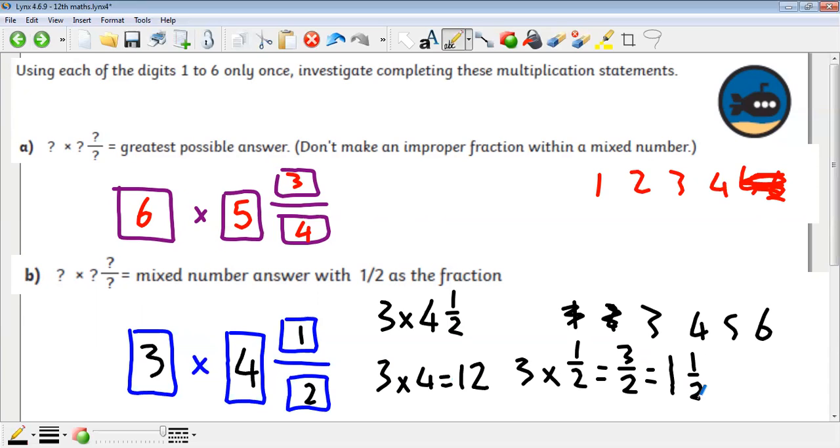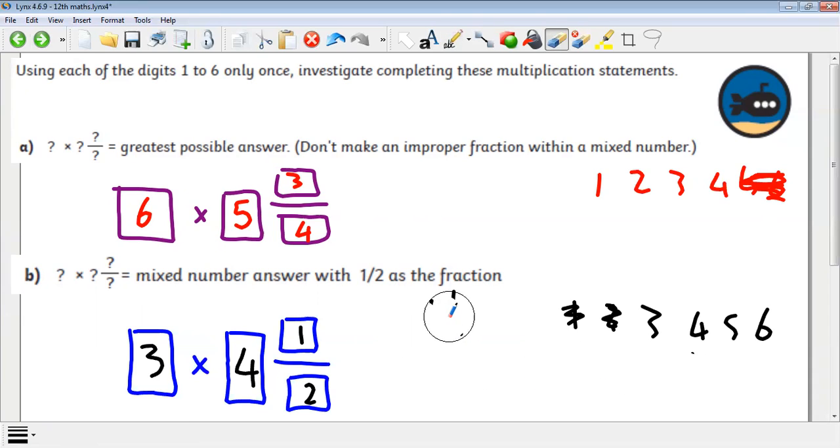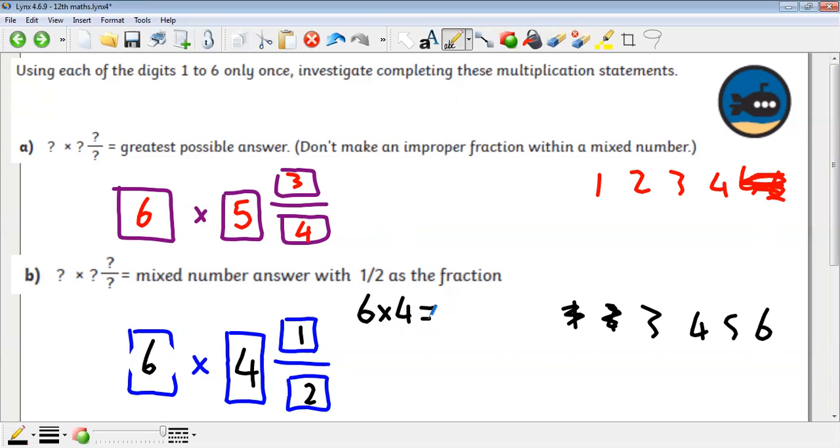If I had put like 2 even numbers in here, like if I'd gone for the 6, for example, then this wouldn't work because 6 times 4 would be 24, and 6 halves, an even amount of halves, is going to give you an actual whole number.